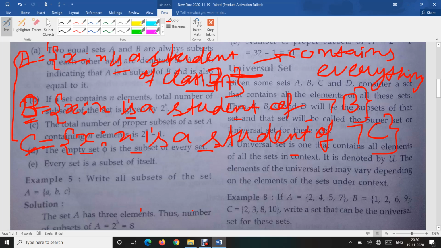There is one thing you have to write first: the universal set is always denoted by U. We always write U for the universal set. Here we have class 7A, class 7B, class 7C.